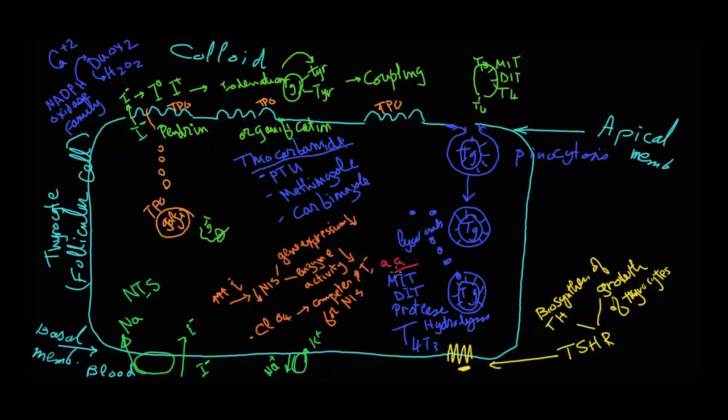So MIT and DIT are deiodinated by specific deiodinases. Iodide is released and it is recycled again. So there is almost no loss of iodide, while tyrosine enters the amino acid pool of metabolism.